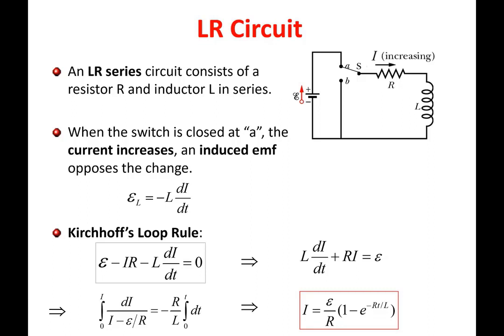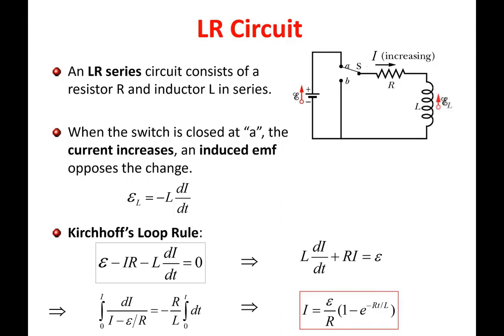And so we've got a current which is increasing as we would expect once we connect the battery to the resistor. But since the current is increasing, there's going to be resistance in the inductor to that change in current, which will produce an induced EMF in opposition to that current flow.